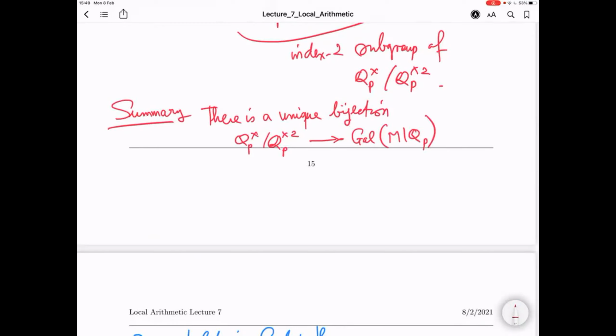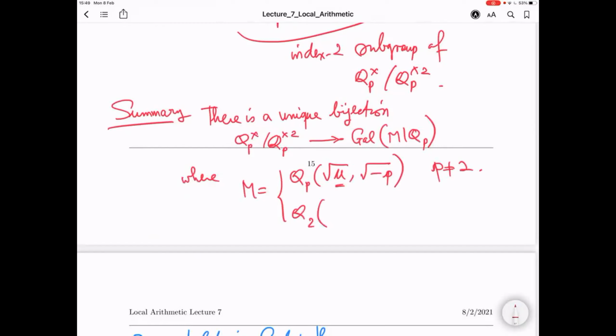So M is equal to, you take QP and you adjoin both a square root of U and a square root of minus P. This is when P is different from 2 and U is as before. And when P is equal to 2, you adjoin a square root of minus 3, a square root of minus 1, and a square root of 2. That's your M.